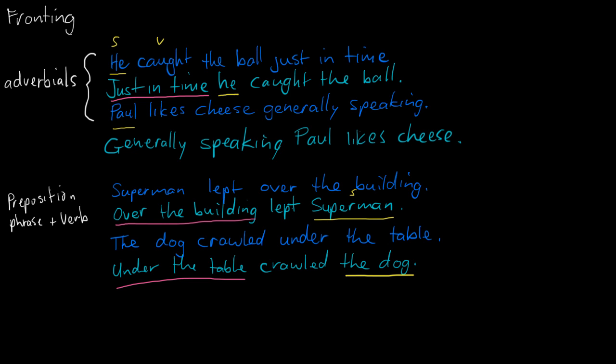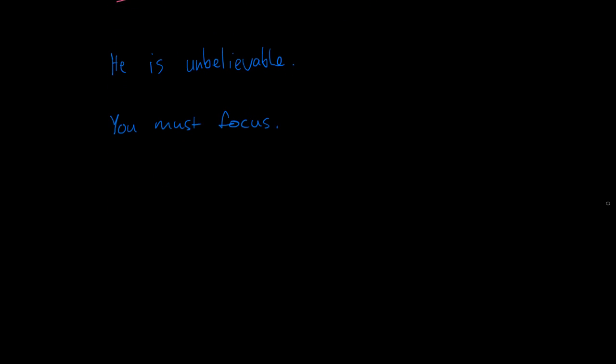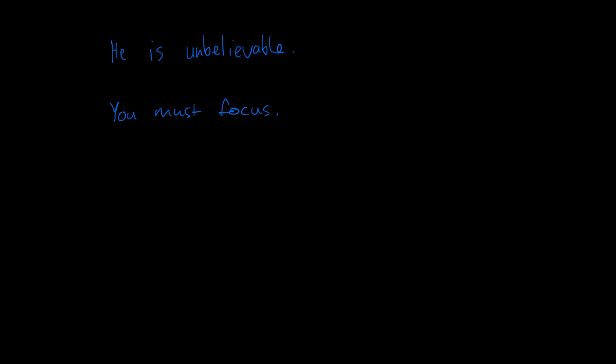Now let's go to another form. In this case we have a complement. So here's unbelievable. Unbelievable is your complement here. Rather than having an object after the verb, we have a complement after the verb, and we will just switch that one around. Actually, I might write complement so you can see it.